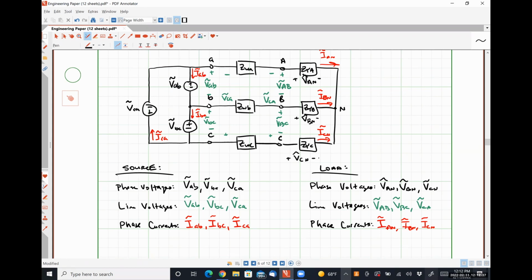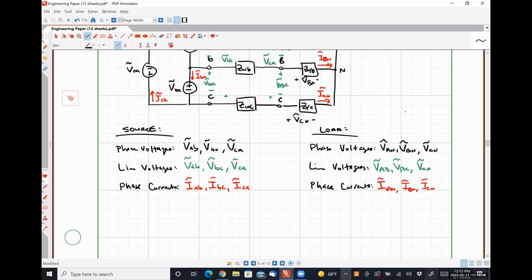All right. So the last thing that we could possibly identify on this jumbled mess of information would be what are called our line currents. All right. And they don't really fall under the source side or the load side. Okay.